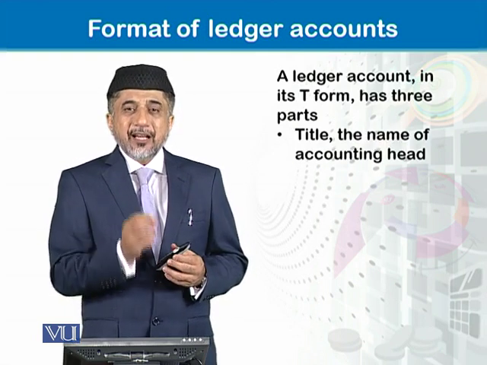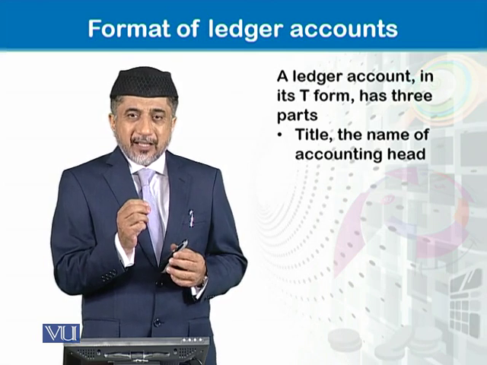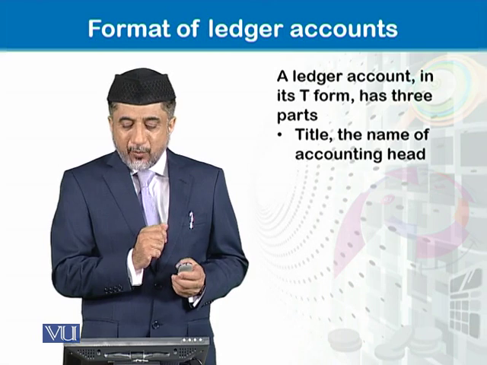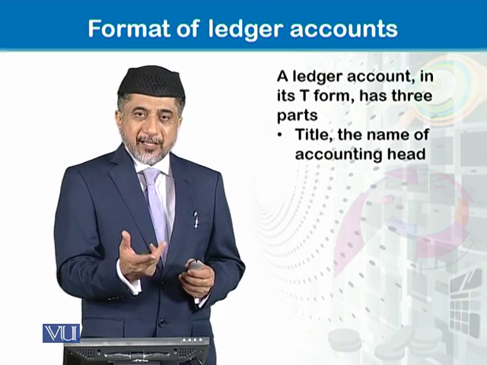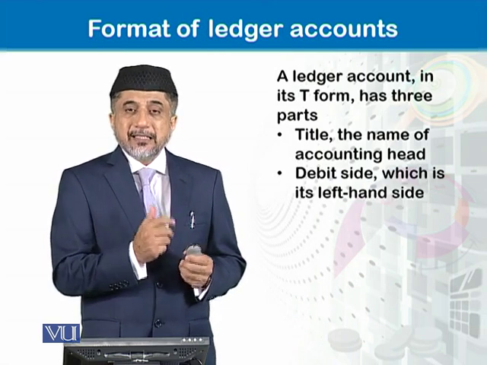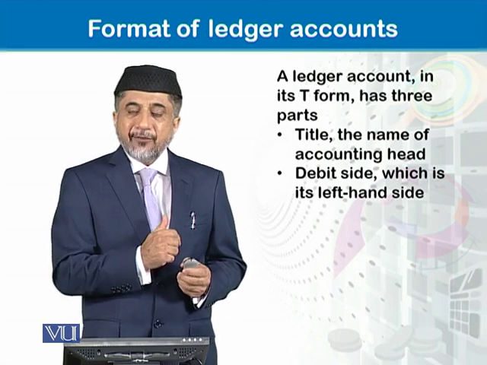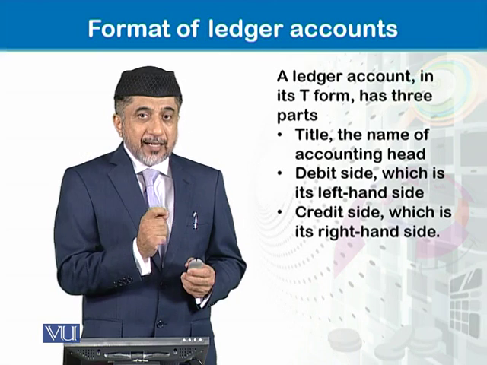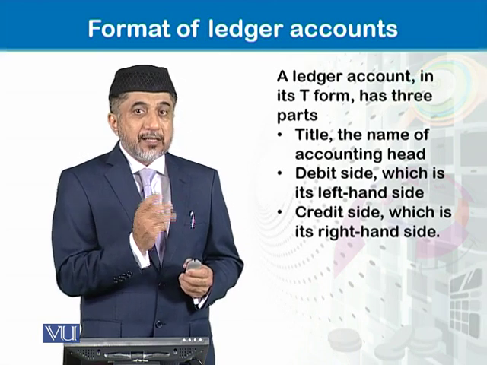A ledger account comprises three main parts. One is the title of the ledger account. The second is the debit side, which is always the left-hand side. And the third is the credit side, which is always the right-hand side.